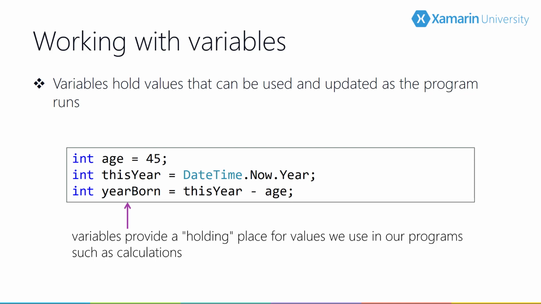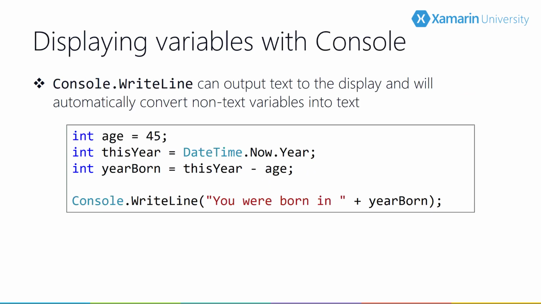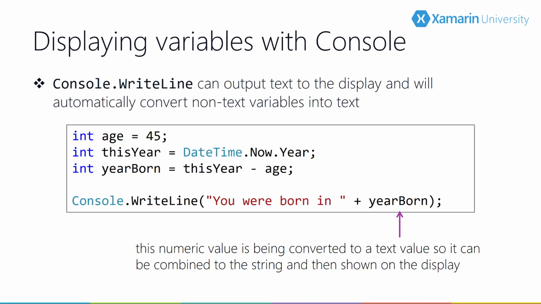And on top of that, variables can be used even in Console.WriteLine statements. They can be used anywhere. So in this situation, I'm trying to take the year born and display it in my console by combining the year born with "you were born in". So once again, we're using concatenation to combine those two together and display them in the console.